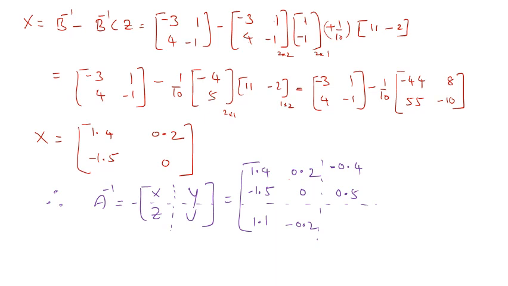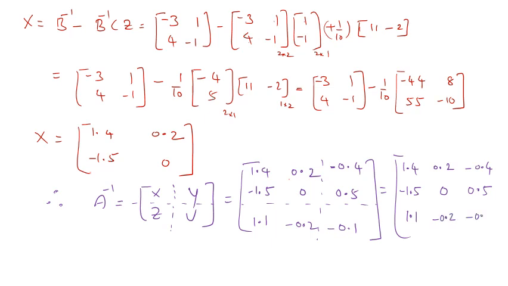And lastly, v value minus 0.1. Okay, this is A inverse. Without dotted line, 1.4, 0.2, minus 0.4, minus 1.5, 0, 0.5, 1.1, 0.2, minus 0.1. This is A inverse. After getting A inverse, what is the solution?